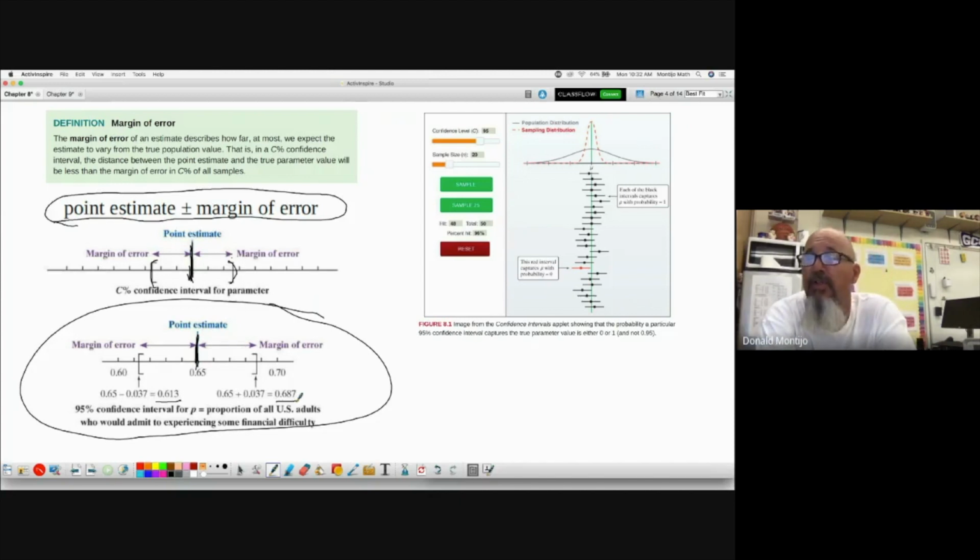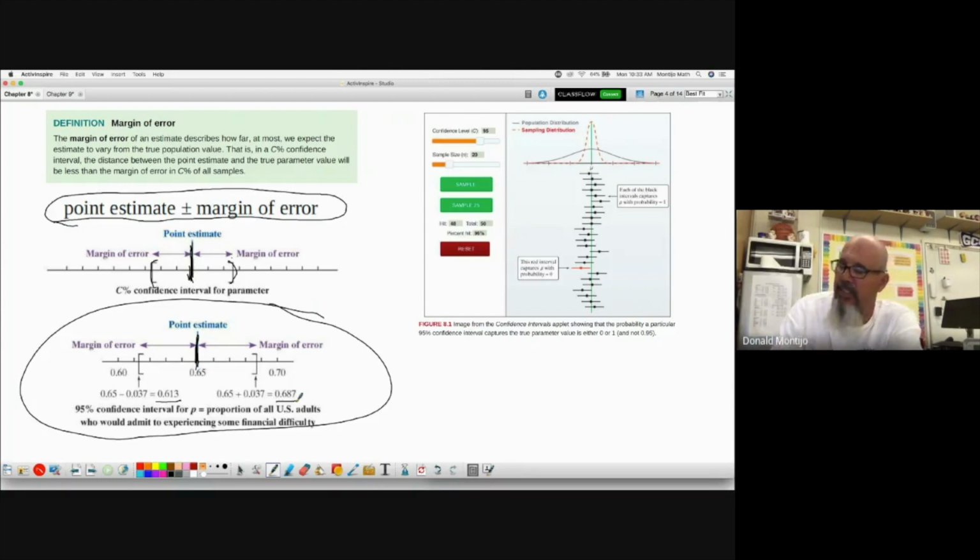So if we were to do this over and over again, taking an SRS of US adults and creating a confidence interval each time with a different sample, 95% of all those intervals that we construct would capture the true population parameter.